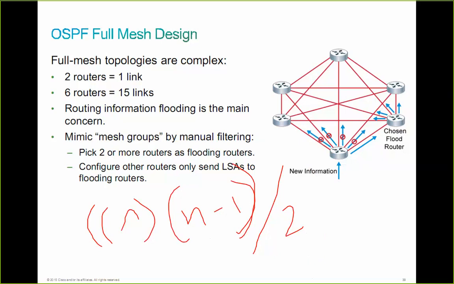Flooding routing information through the full mesh is a big concern as well, because we always exchange routing information with our neighbors. Each router receives at least one copy of new information from the other routers in the network.